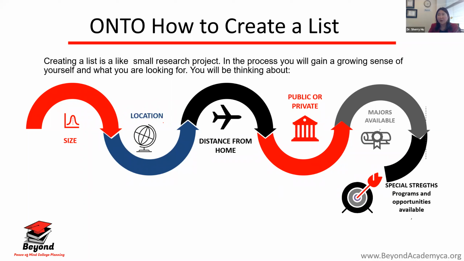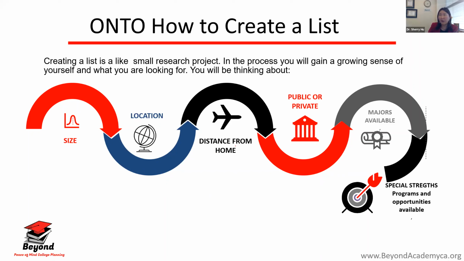Location is one of the most important considerations people normally have. So I know a lot of people are from California. I'm in the California Bay Area. So a lot of people just like to stay in California. And Susan, you are in the Boston area. So you probably know a lot of students just want to stay on the East Coast. So this is important to consider.